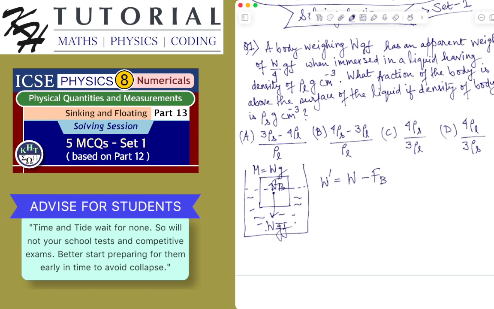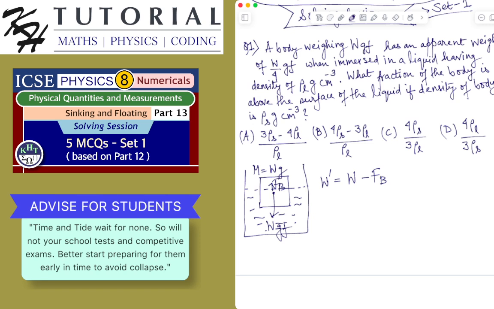Okay, now the value of the buoyant force will be the weight of the liquid displaced, and that liquid will have a volume which is equal to the volume of the body which is below the surface of the liquid.